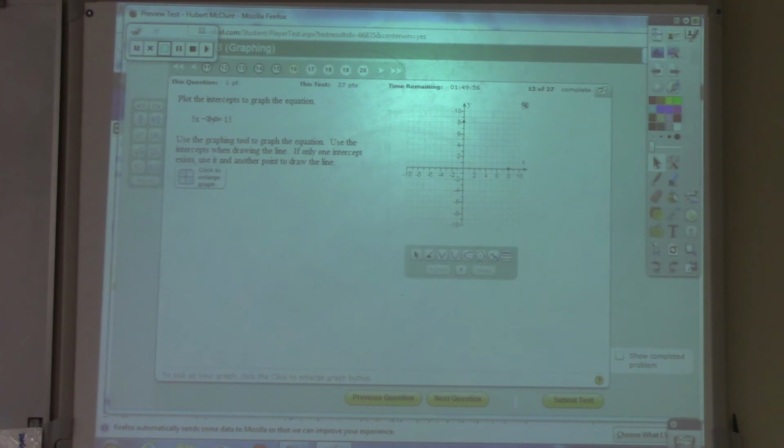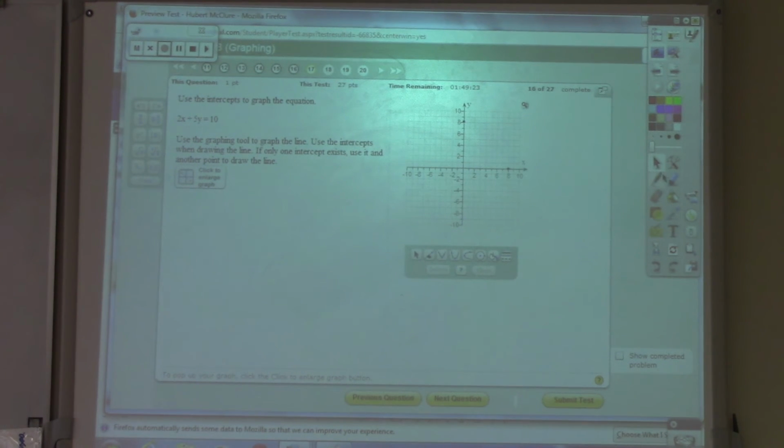So 0 for y would be 3, which is right here. And then plug in 0 for x, you get -5. Brain's turning to mush. Next question.